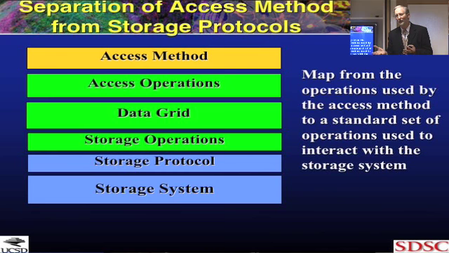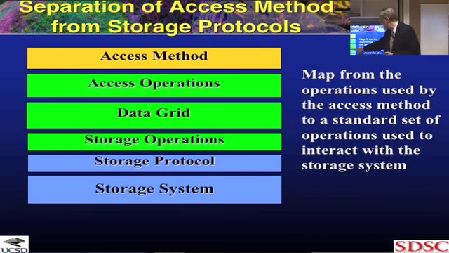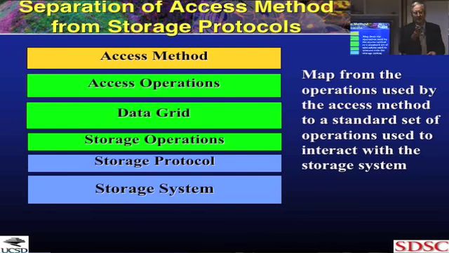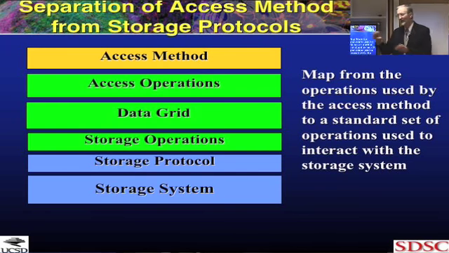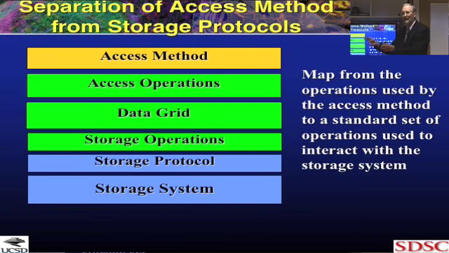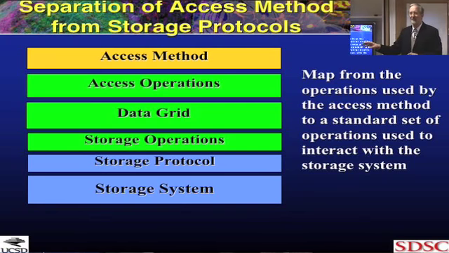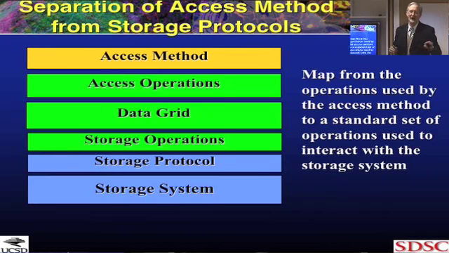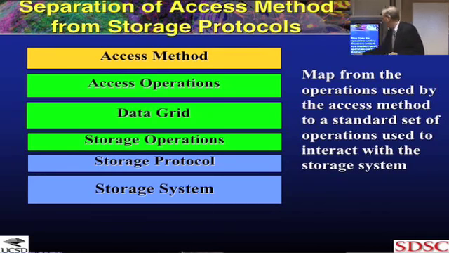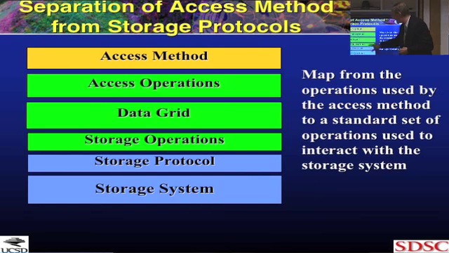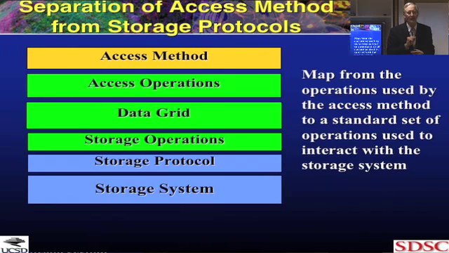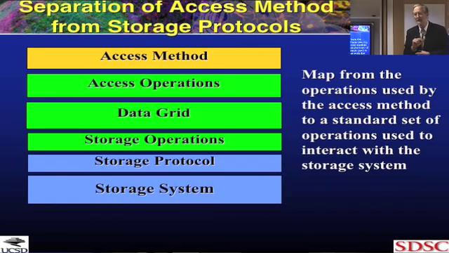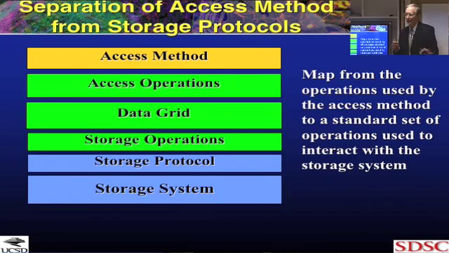But we wanted to support partial file read and write. So our interface, when it talks to an archive, has to grab the file out of the archive, put it on disk somewhere, do the partial read and write on disk, and then when we're finished, put the data back in the archive. So what we do to interact with the storage system is a standard set of operations where we've figured out exactly what we need to do in order for those operations to work on that legacy storage system.